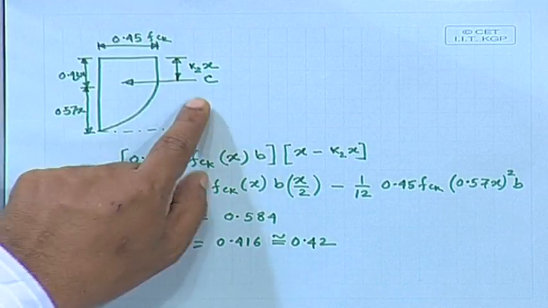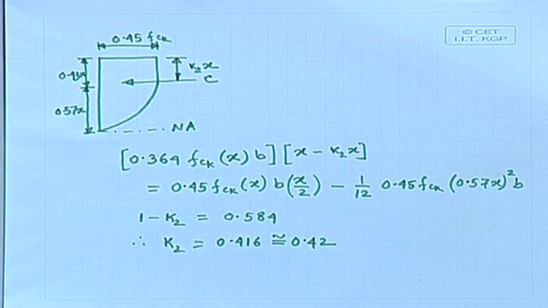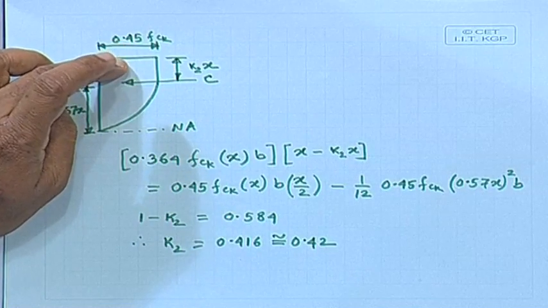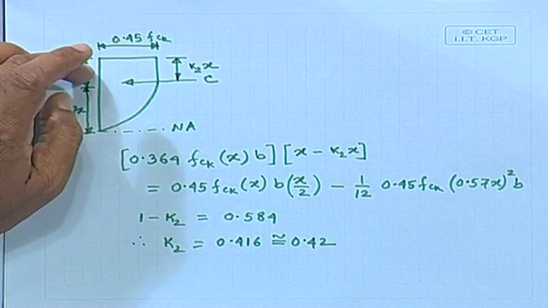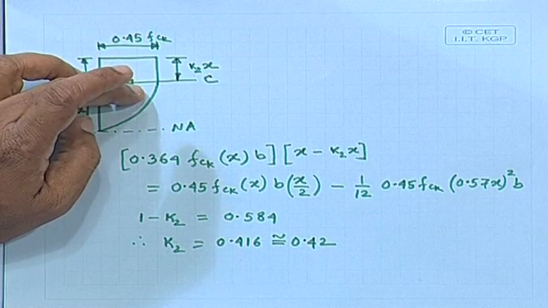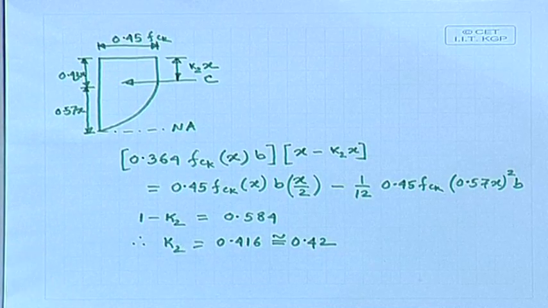So the compressive force will act from the top fiber having the maximum compressive stress at a distance of k2 x, which is nothing but 0.42 x. So we have got one factor k1 and another factor k2.